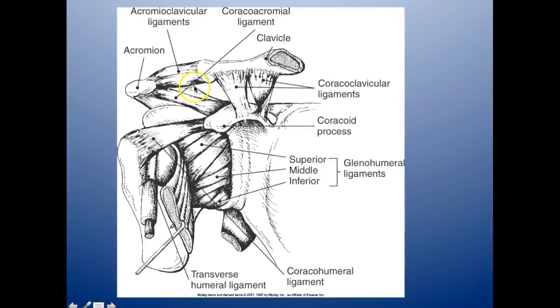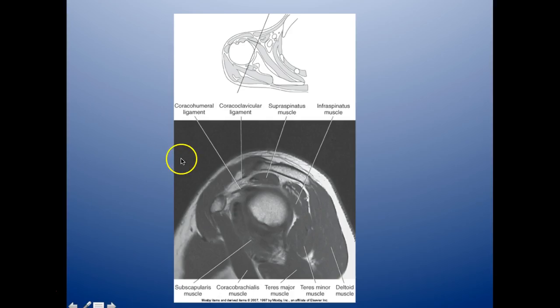So this is your coracoid process coming across, and your glenohumeral ligaments here. Let's see. Oh, your coracohumeral ligaments, so coracoid to the humerus. So looking here again, your coracohumeral ligament with your coracoclavicular ligament.